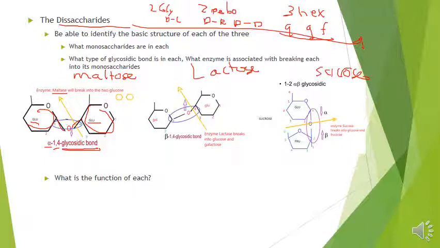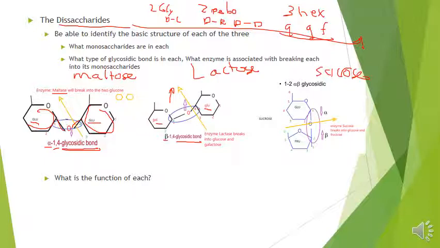For lactose, you have a galactose and a glucose, and it has a glycosidic bond. The bond is pointing up, so it's beta, but it's between the same carbons, 1 and 4.